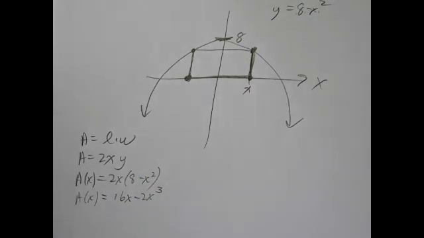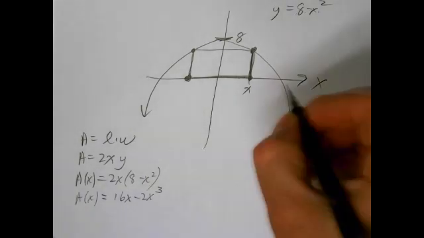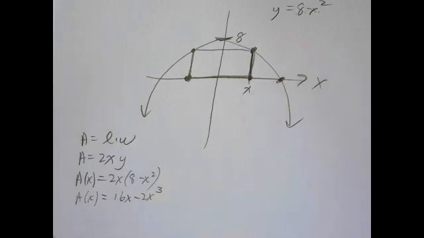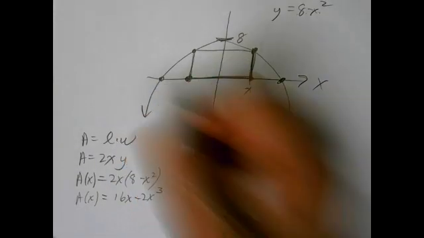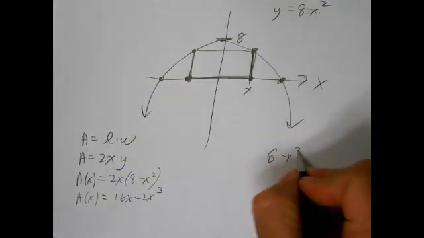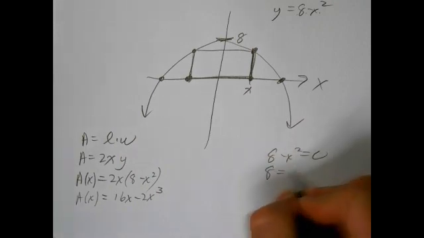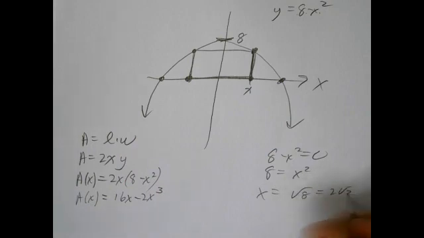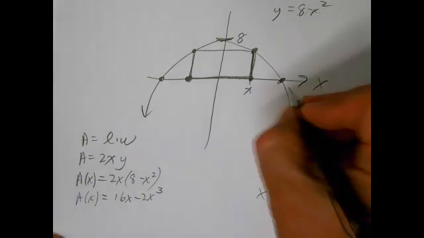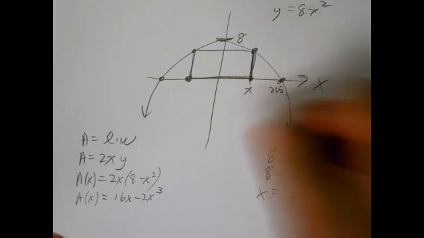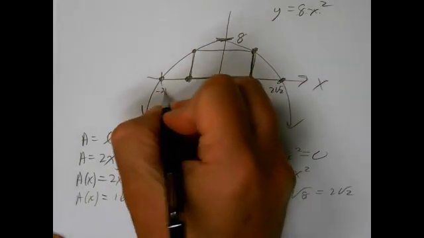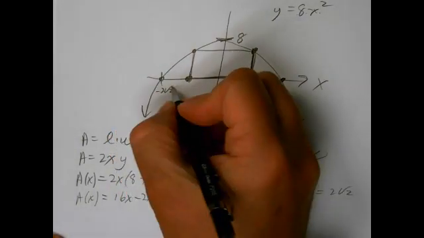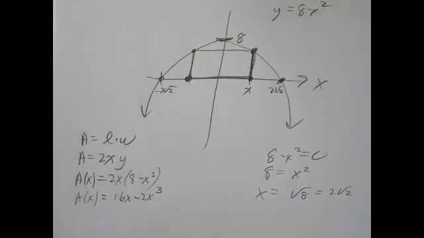All right, now, physical limitations. If you look at this parabola, it hits the x-axis twice. It's going to hit at 2 square root of 2 on the right-hand side. And it's going to hit at negative 2 square root of 2 on the left-hand side. And it hits at 8 up top.